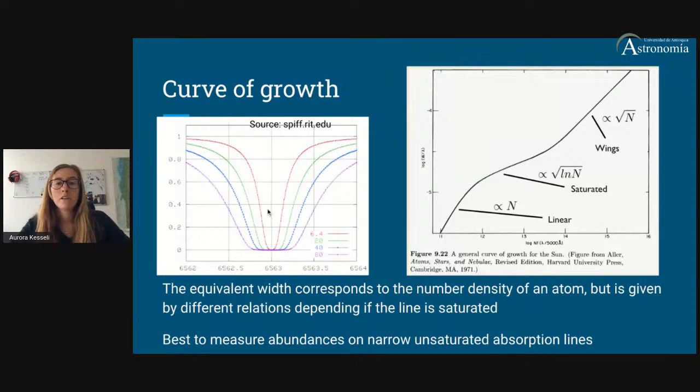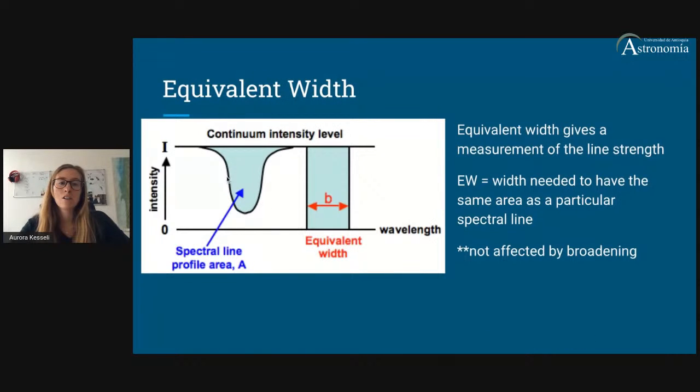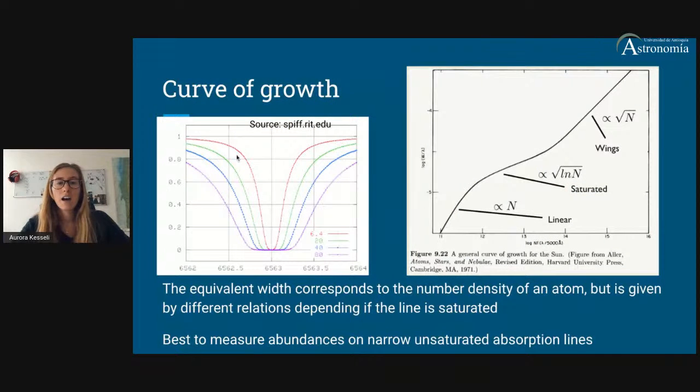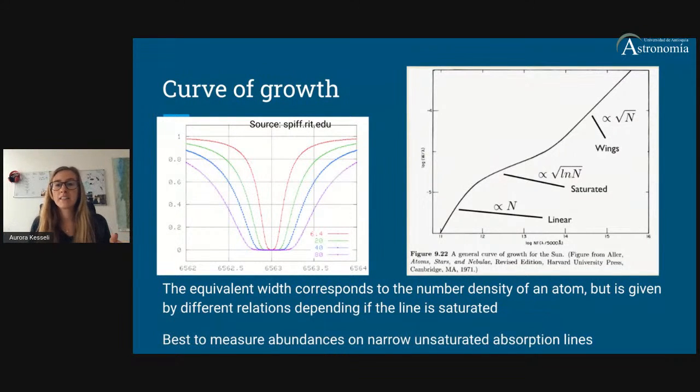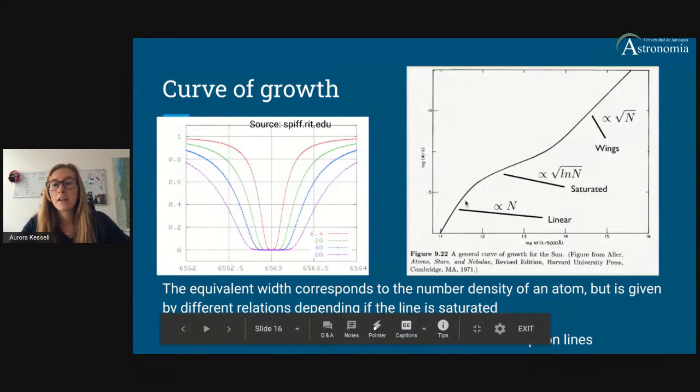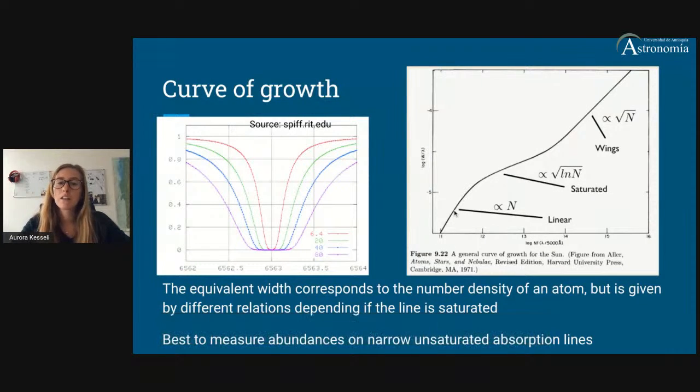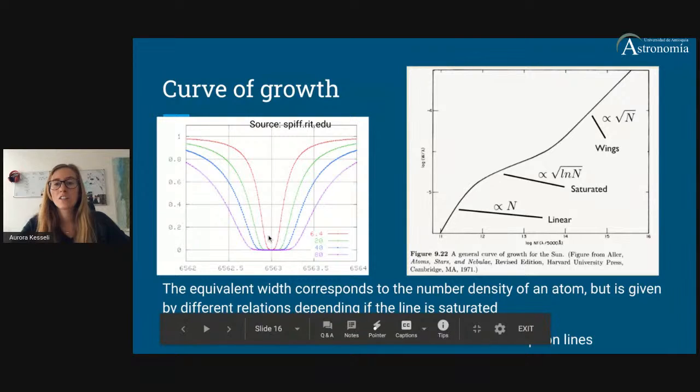Okay, so that's what happens if the line is not saturated. And by saturated, I mean the line goes all the way down to intensity of 0. So this red line here is not saturated. But as the line starts to saturate, this isn't the case. The abundance is proportional to the equivalent width when the line is not saturated. But once the line starts to saturate, we have a slightly different relation.